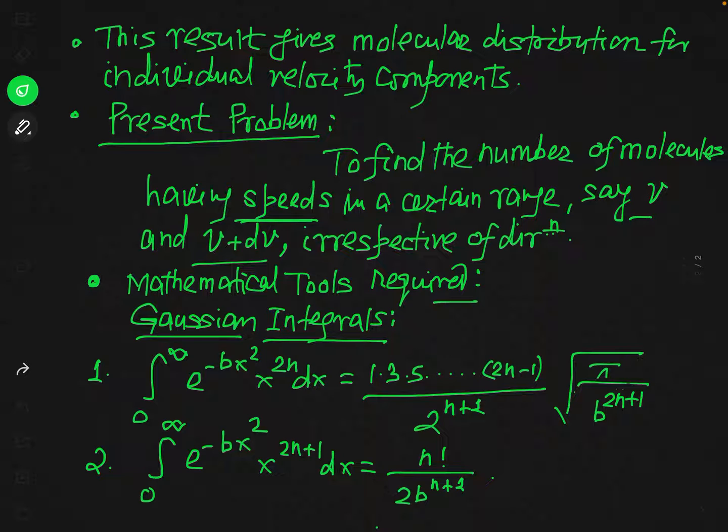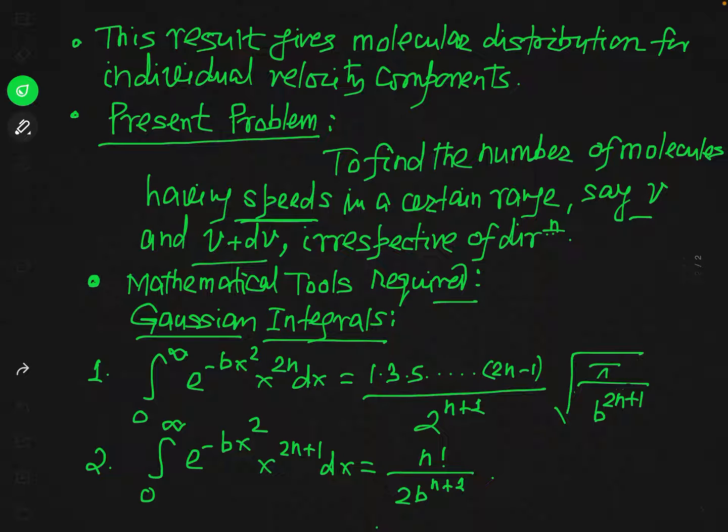So let us see here. The first Gaussian integral I have mentioned here, and you have to remember this result for the calculation of the law of distribution of molecular speed. The integral says that the integral from 0 to infinity of e raised to the power minus bx square times x raised to the power 2n dx equals what?